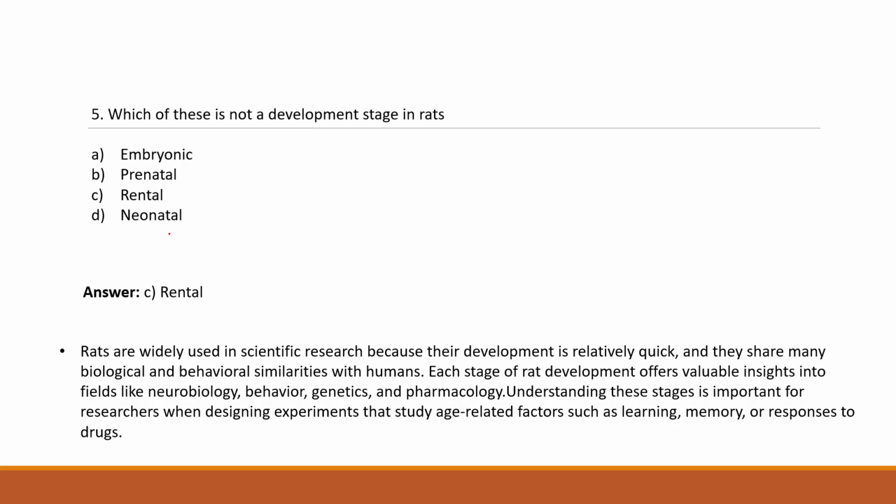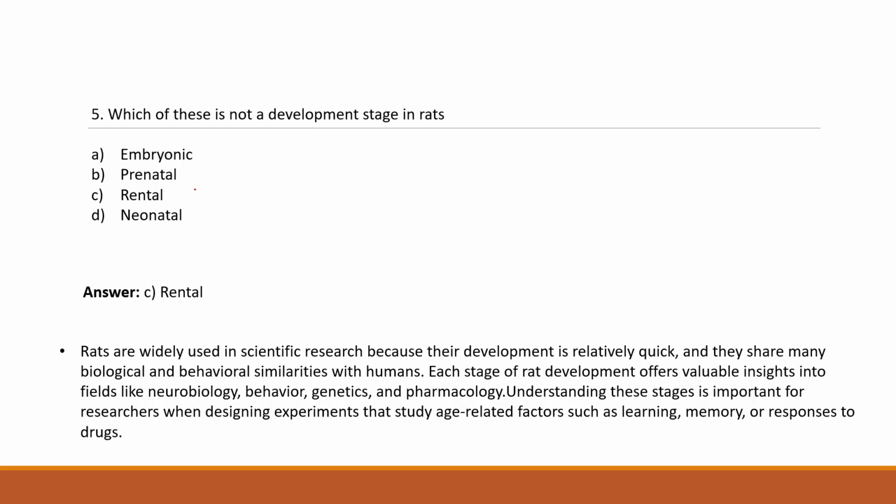you should know at which stage you have to work on. For example, if you're doing growth-related studies, or studies related to children, then you should know at which stage you have to take the cells and isolate them from the rat to get similar kinds of tissues or proteins.